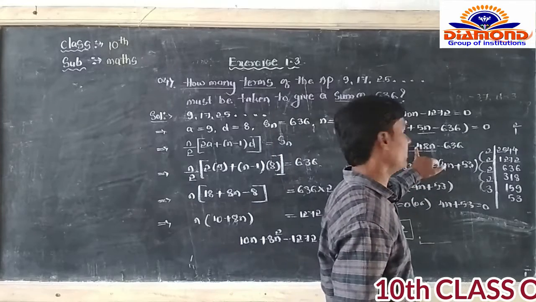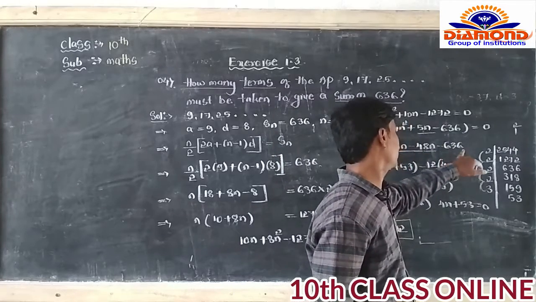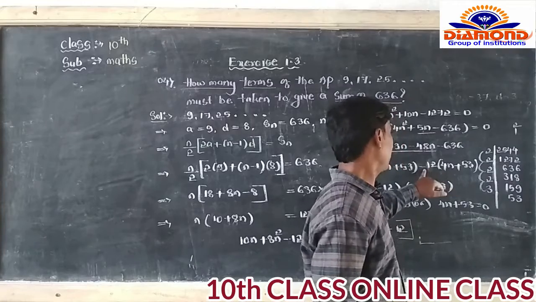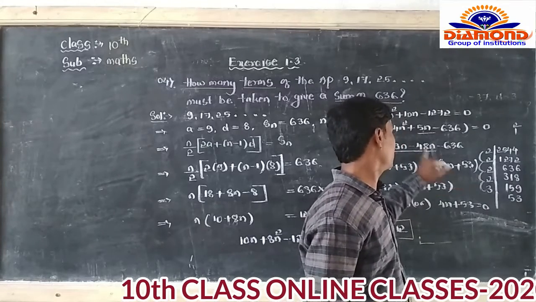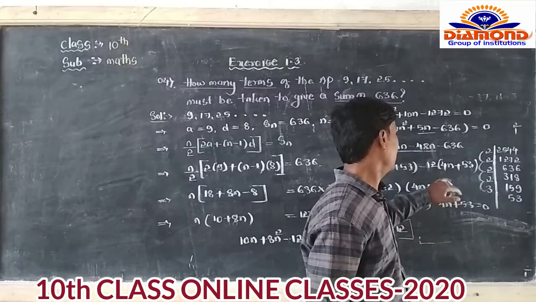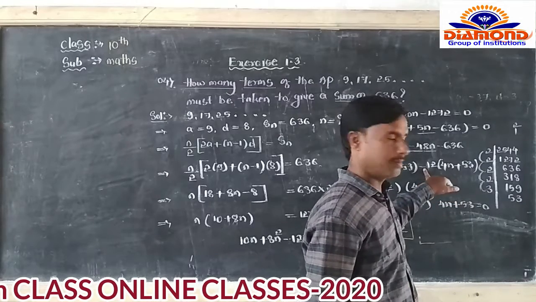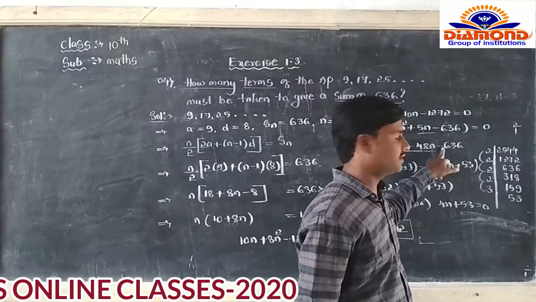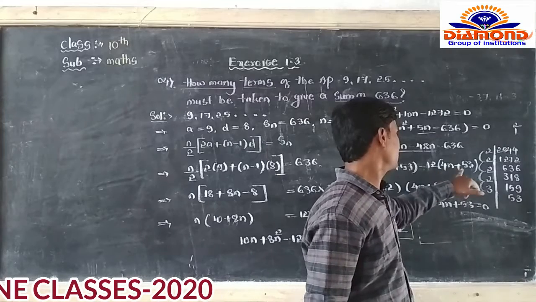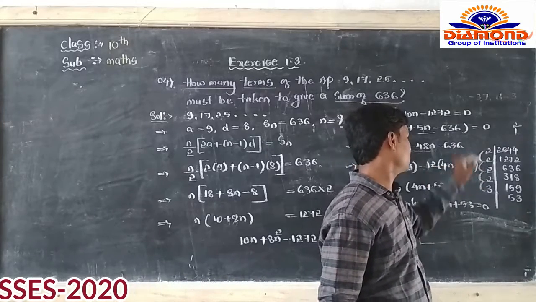Then minus 12, we should be taking 48 and 636 HCF is equal to 12, minus 12 I am taking common, minus into plus is equal to minus 12 4 is 48n, and we already have minus, we require the sign minus, that's why we should be taking here plus, minus into plus is equal to minus 12 53 is 636.